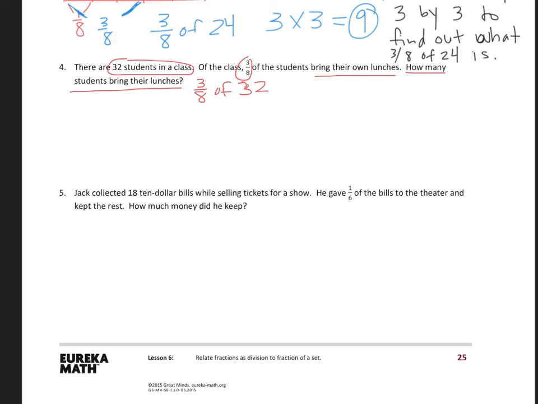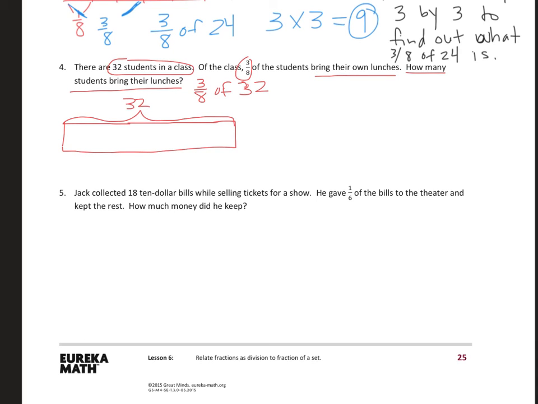So let's think of a tape diagram really quick. We're going to draw a tape diagram which represents the students in the class. We know there are 32 students, and 3/8 of them bring their lunch. That means the other 5/8 must buy their lunch. But we're asked to only figure out how many students bring their lunch.